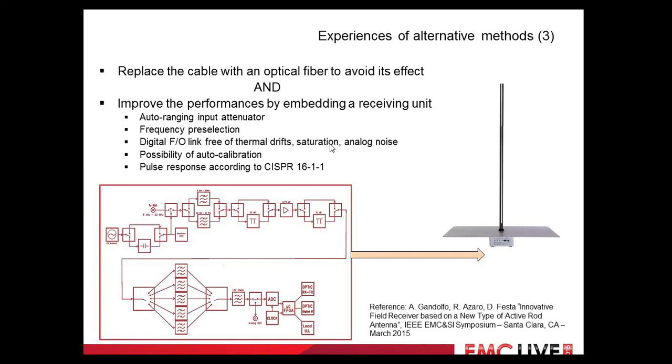The fiber optic link can be digital, so free of saturation, noise, and whatever. A system can also be self-calibrating, and also calibrated in order to comply with the severe pulse response test as prescribed by CISPR 16-1-1, the standard for measuring instruments.